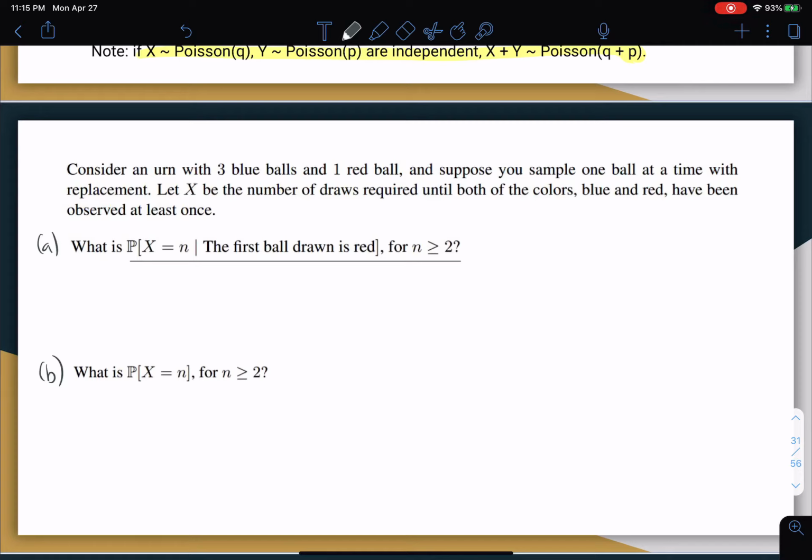Okay, so we need to draw until we see both colors. This seems to suggest to us that maybe we should use the geometric distribution. So for part A, we are given that the first ball is red, so we've seen red.